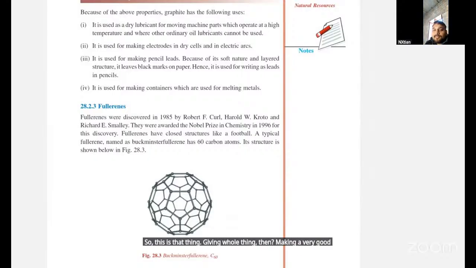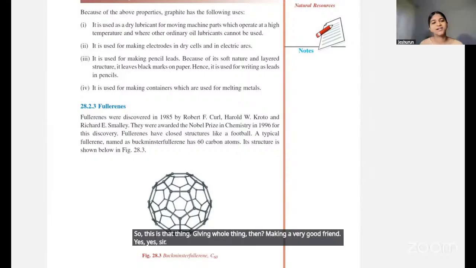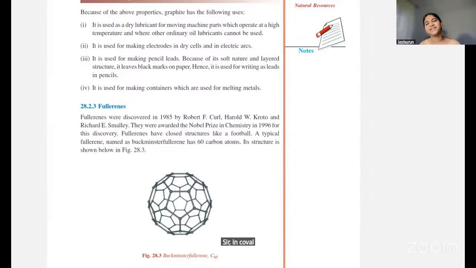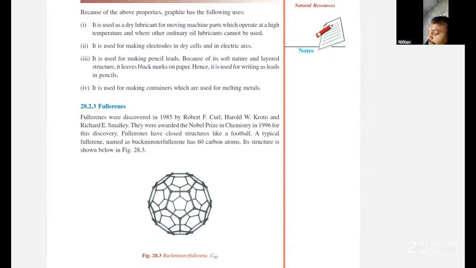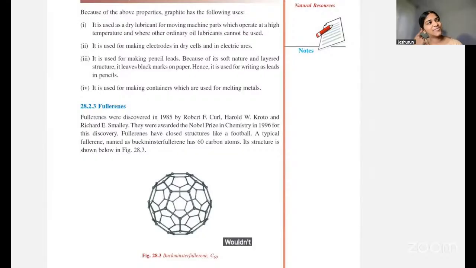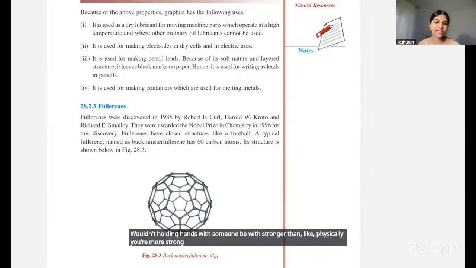Sir, in covalent bonding the atoms are connected. So wouldn't holding hands with someone be a bit stronger than standing apart from them? Say it again. Wouldn't holding hands with someone be physically stronger than standing apart from them?